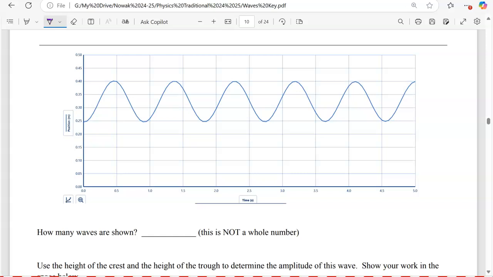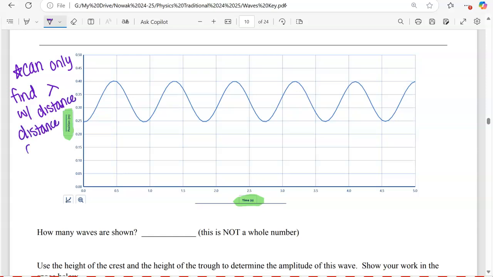It looks very similar to the graphs we've been looking at, but if we're careful, we see that this is a position versus time graph. We remember that we can only find wavelength, which is lambda, with a distance graph. Since this is a position versus time graph, we cannot find wavelength with this.